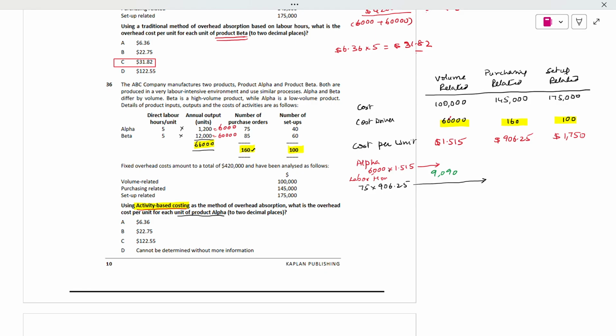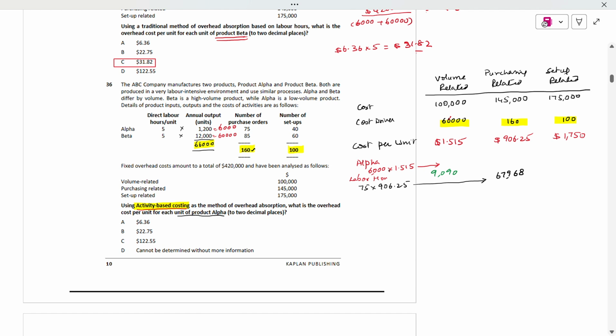It's the same thing, but there we use one overhead rate, while here we use one for each cost pool or cost driver. So this is 67968.